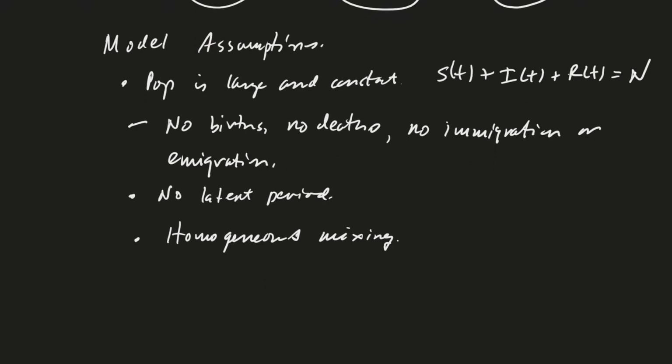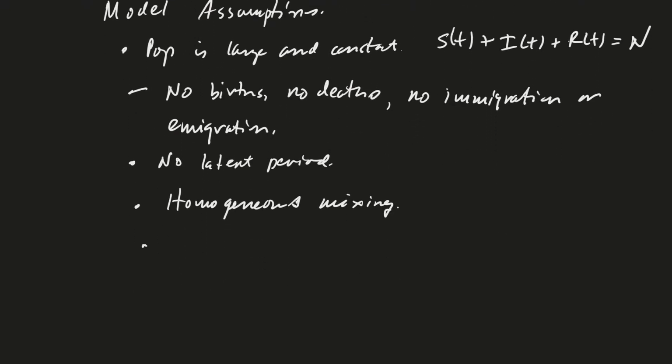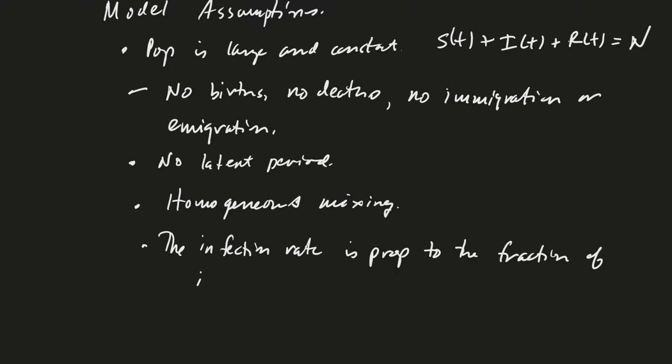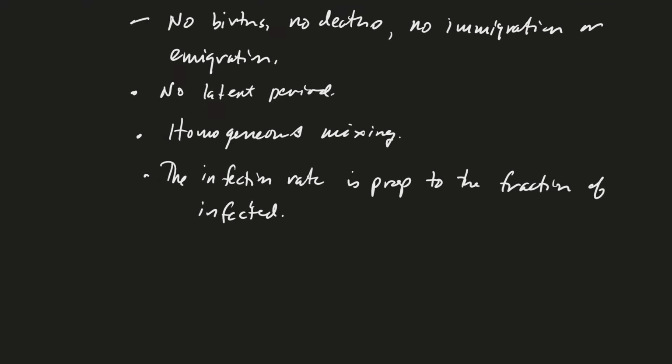Now, I should say the infection rate, we're also going to assume the infection rate is proportional to the fraction of infected. Okay, which actually means that the lambda that we're using isn't actually a constant. Lambda itself won't be constant.